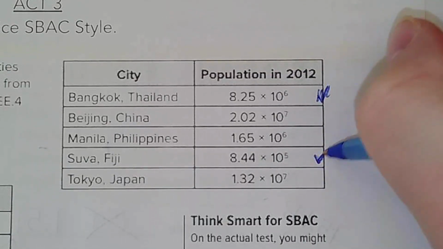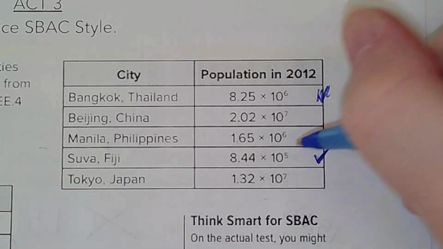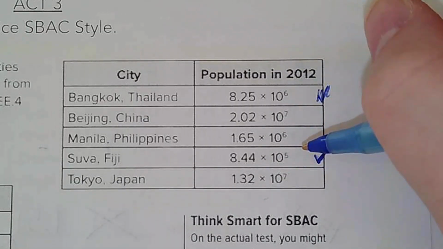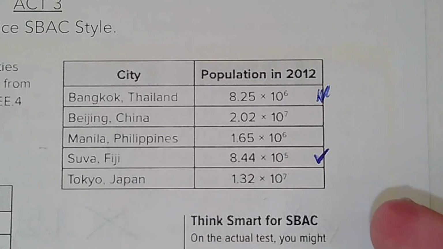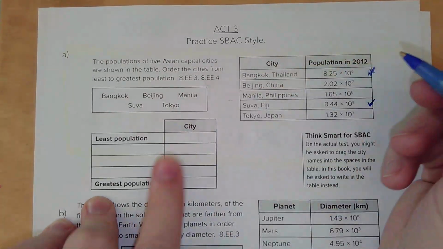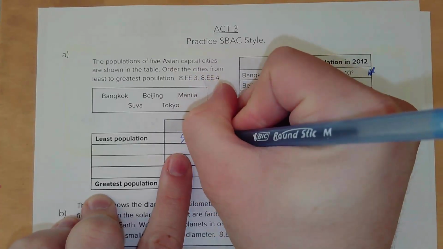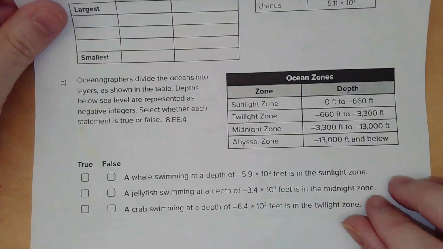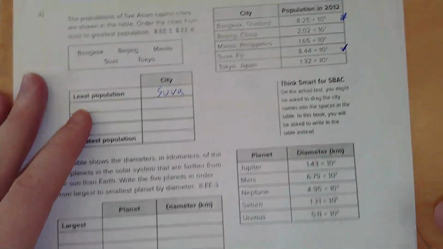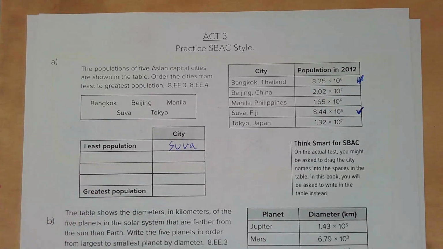So this one, since it has a small exponent of 5, that has to be our smallest population. So please put Suva here. All right, now you go ahead and try all of Act 3 and we'll go over the answers in a few minutes.